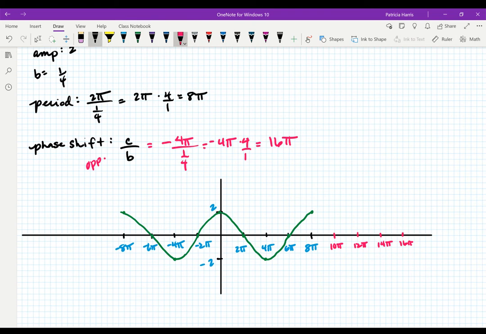Now if I really, really wanted to do everybody, okay, I would have to extend it out even more. So let's see. 16, 18, 20, 22, right? Okay, but I'm just going to do it until I run out of room. So this guy on the far left gets shifted 16 pi. See, he's negative, so he would actually move over here.